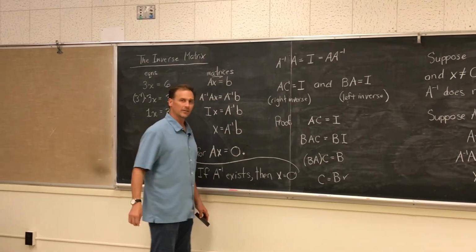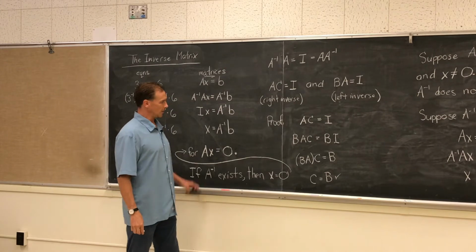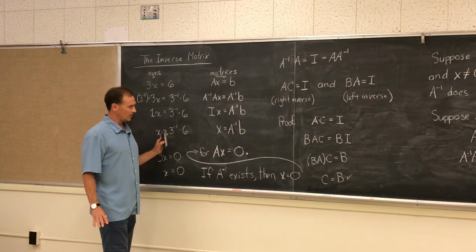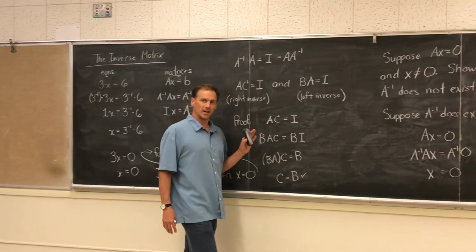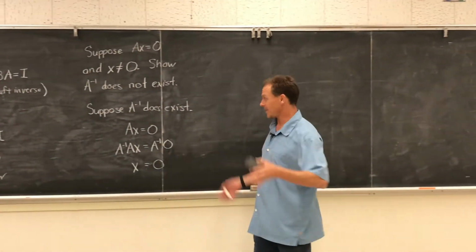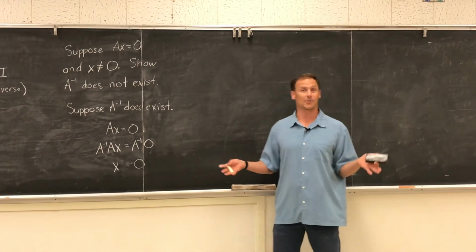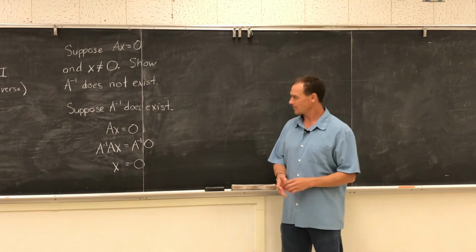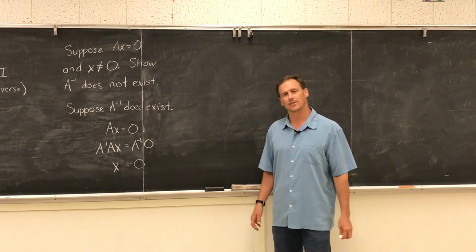Okay, that's important. We need that. So now we know about our inverses, and I think we're ready to ask or to find the obvious question. That is, okay, great, we know this about them, but how do I find one? That's the obvious question.